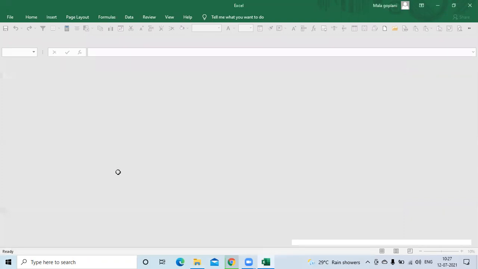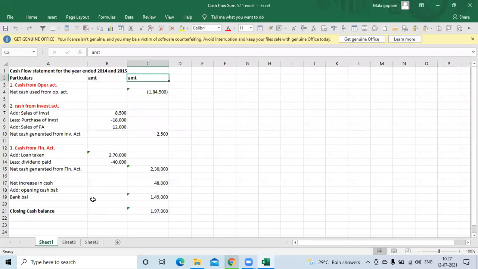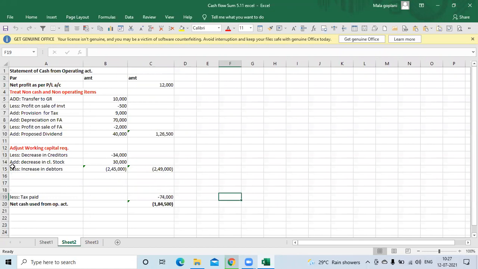After adjusting working capital, you will leave a few lines, say 7 to 8 lines are enough. Then write less tax paid. And then the last concluding line, we will see whether it is net cash used or net cash generated. So we will see, and accordingly we will write the sentence. So leave it as of now.